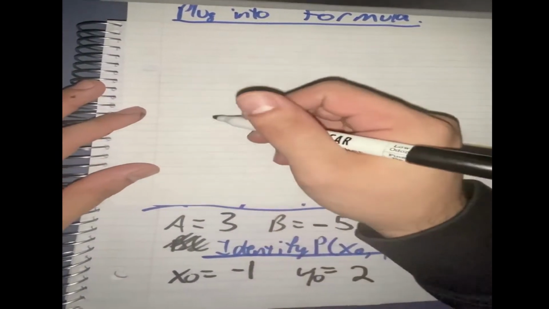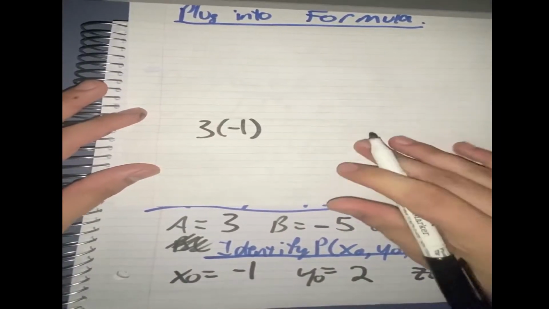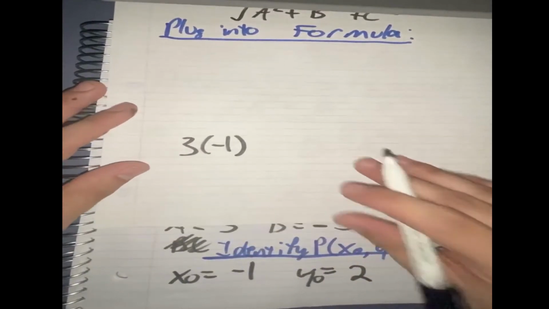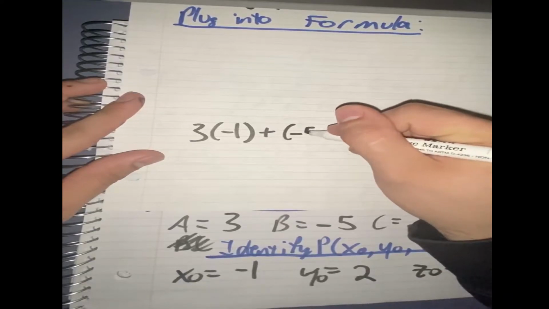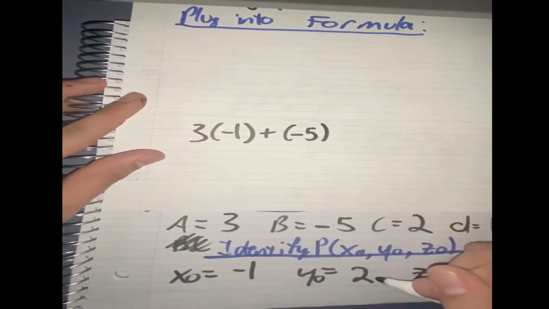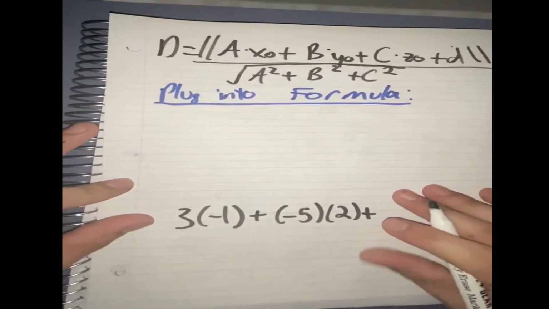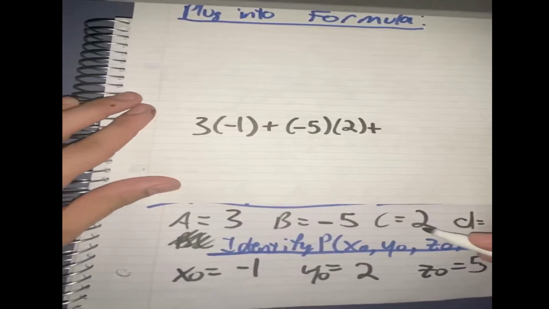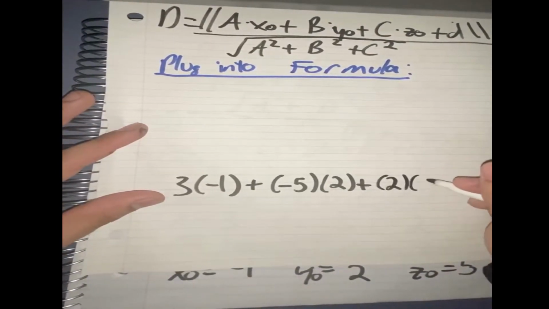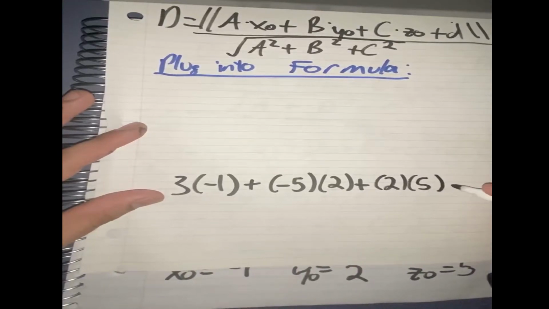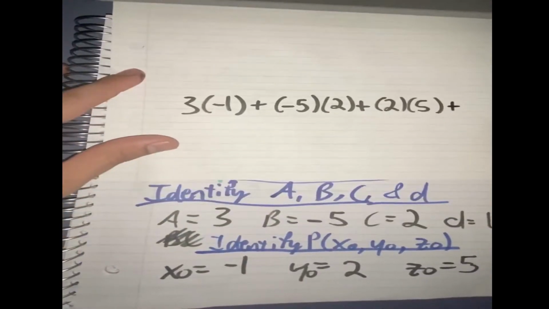And then B times y naught, so plus B, which is minus 5, times y naught, which is 2, plus C times z naught, so 2 times 5, plus whatever our D is, so plus 10.